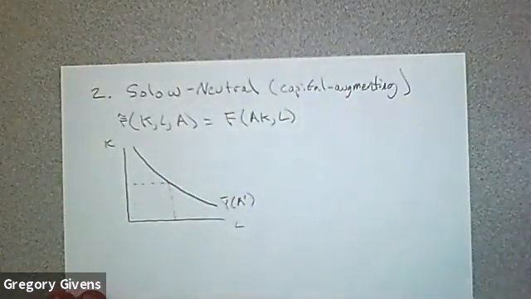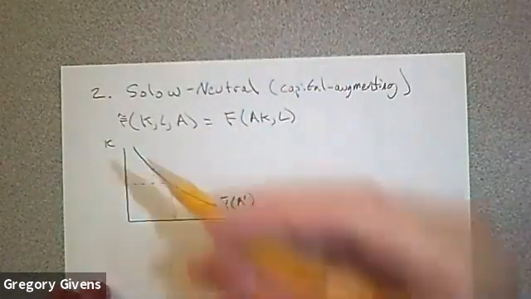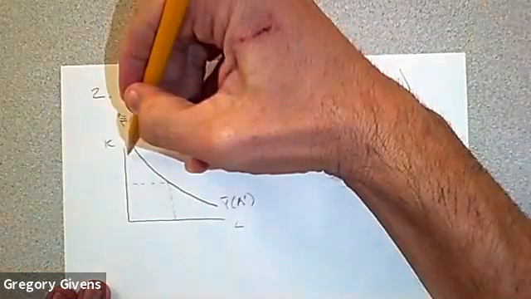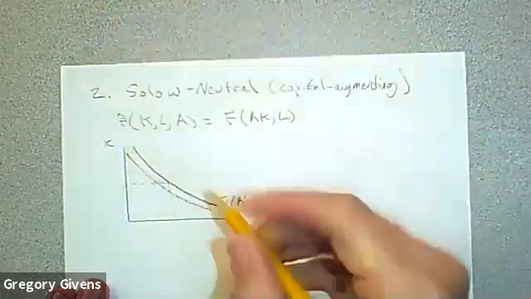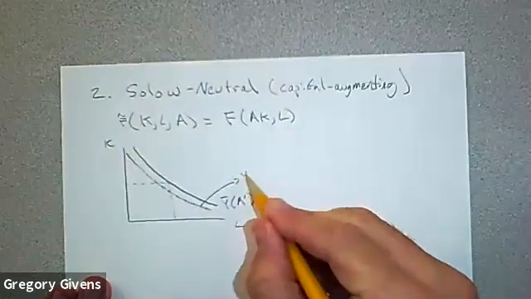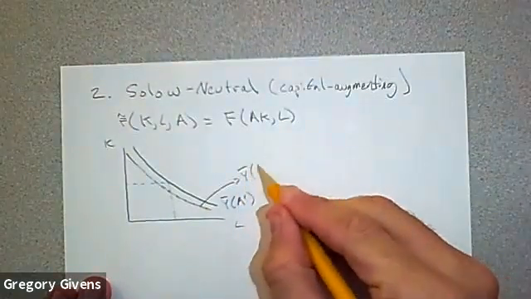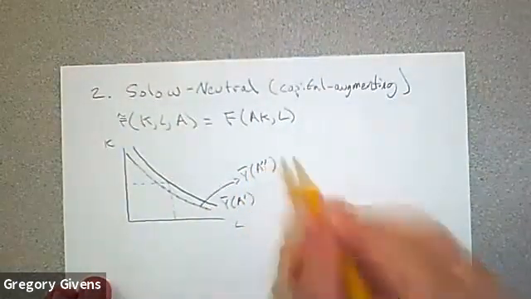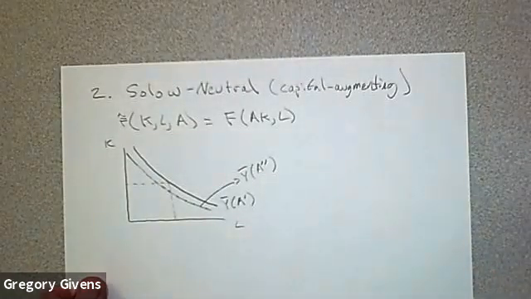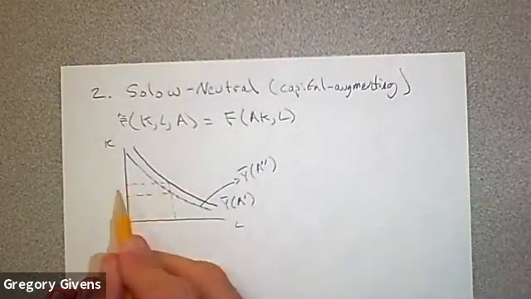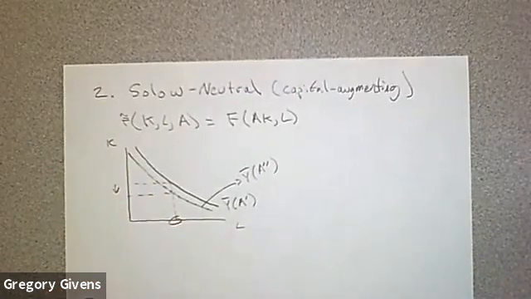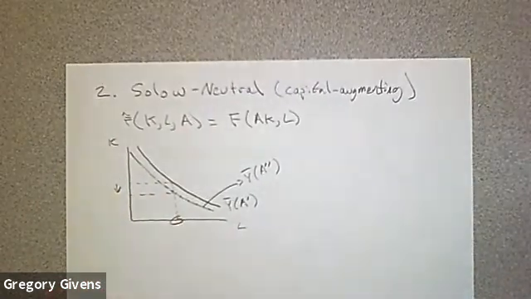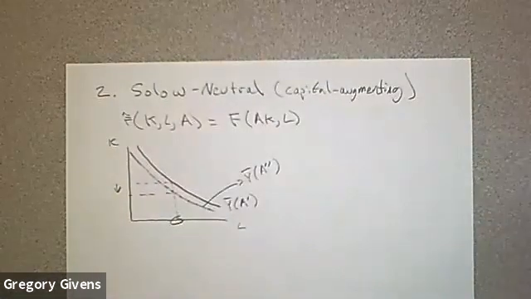If there is an improvement in technology that shifts the isoproduction schedule down, we can now produce the same amount of output using less capital, but the same amount of labor. So in other words, technology here has augmented the capital stock.